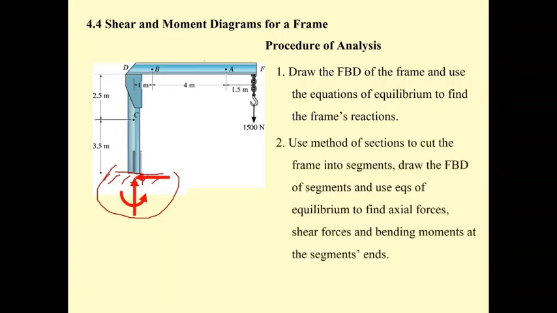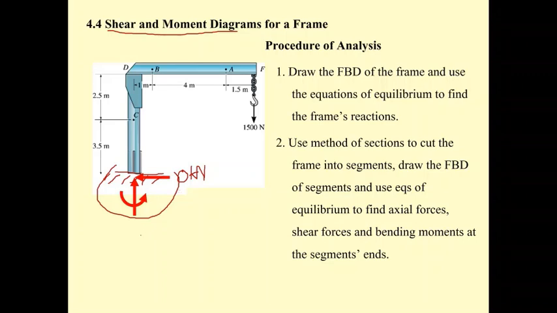And then if you would like to draw the shear diagram and moment diagram of the frame, after you know these forces, for example, this one is going to be summation of F sub x equal to 0. This one is going to be 0 kilonewton.